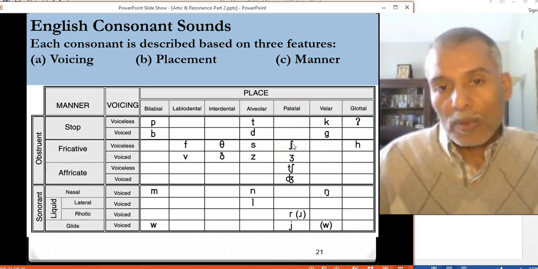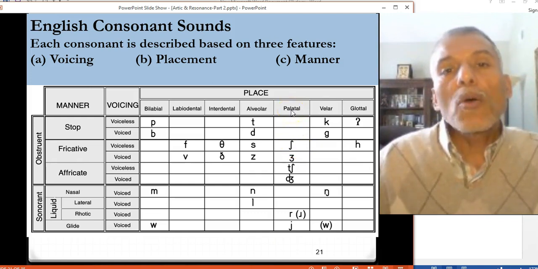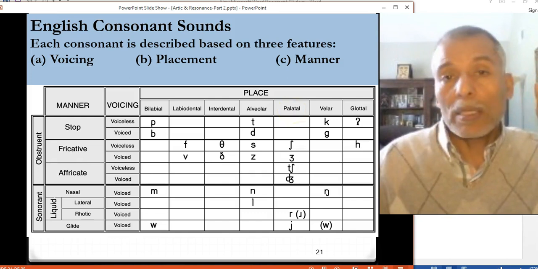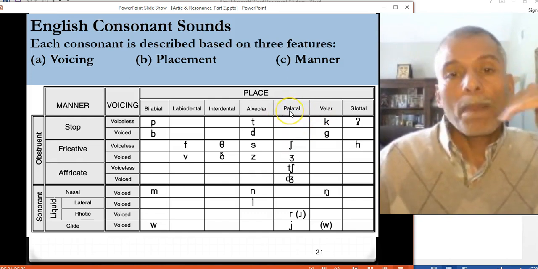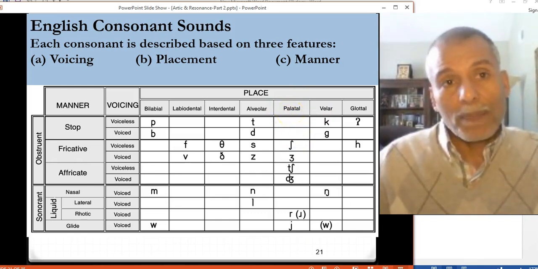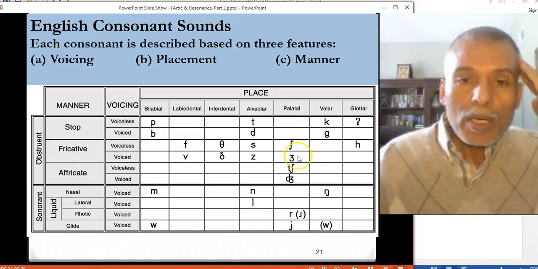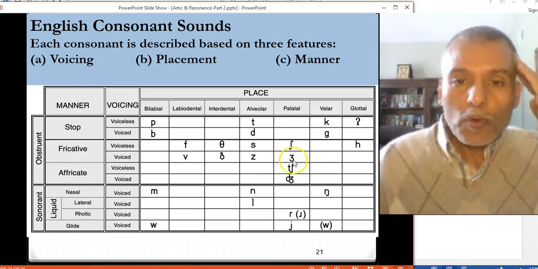This sound sometimes is referred to as alveopalatal. Again, because it's very close between the alveolar ridge and the palate, it doesn't matter to us. You can use palatal or alveopalatal. Frankly, you will make it easier on yourself if you say palatal. J is the same, except the J is voiced and the other one is not.